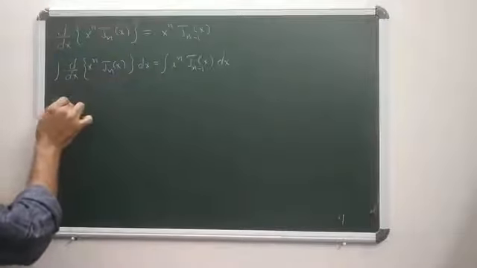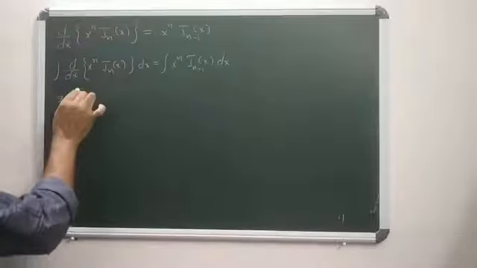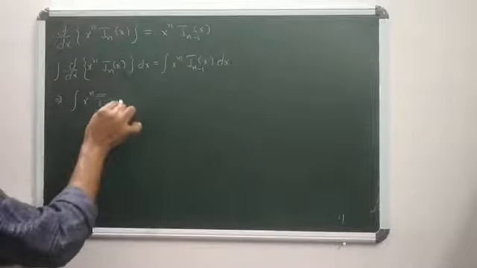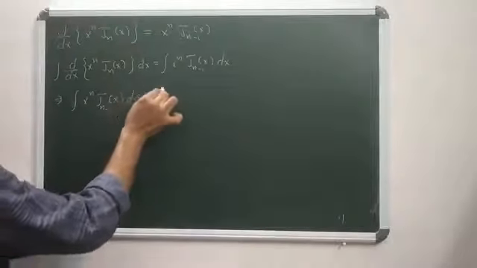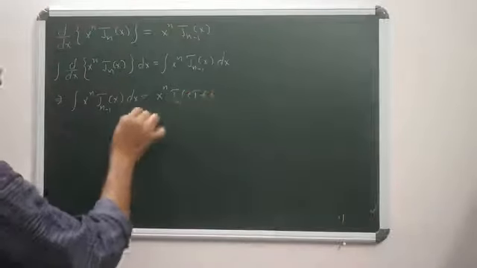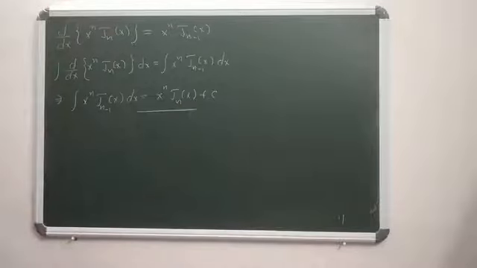So from here, the integral of x^n J_{n-1}(x) dx equals x^n J_n(x) plus the integrating constant c. So this is another relation: the integral of x^n J_{n-1}(x) dx is nothing but x^n J_n(x) plus c.